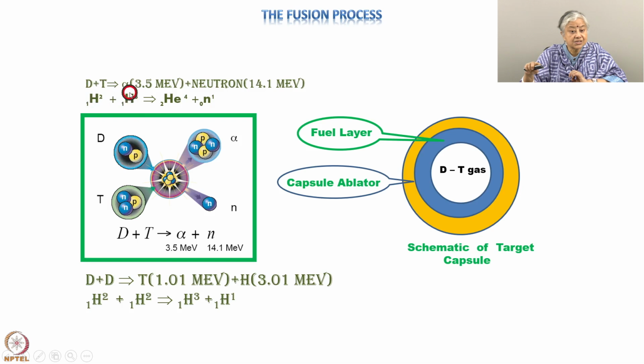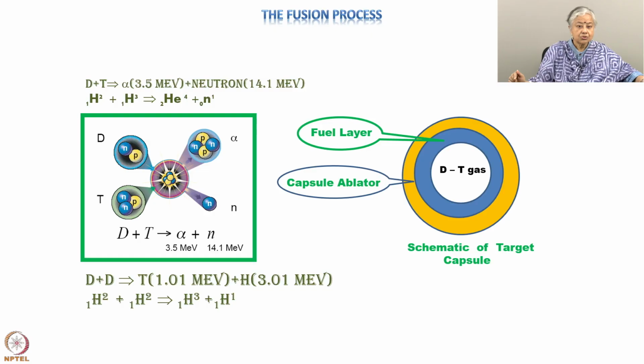Tritium has 3 nucleons in the nucleus, proton plus 2 more neutrons. So, these two will fuse together and it will give an alpha particle. Alpha is the same as a helium particle, only thing it is doubly ionized. That means, when you talk of the helium atom, it is stripped of its electrons, of course. It is a doubly ionized atom.